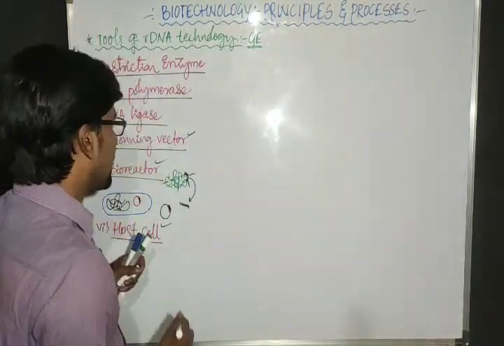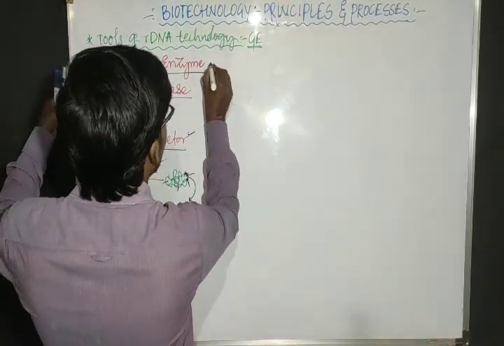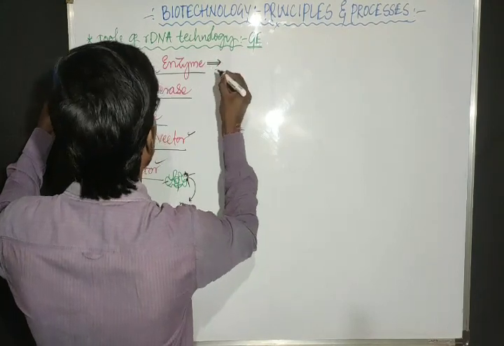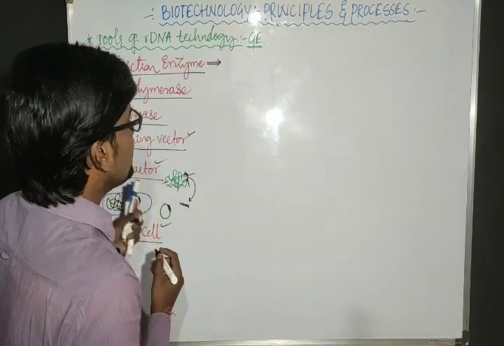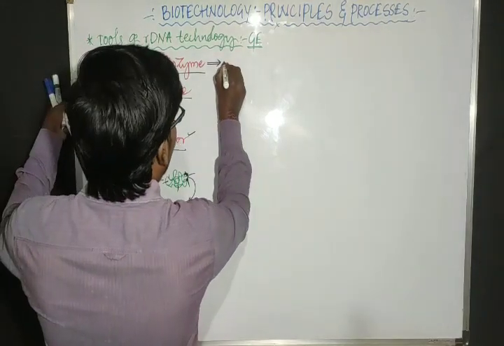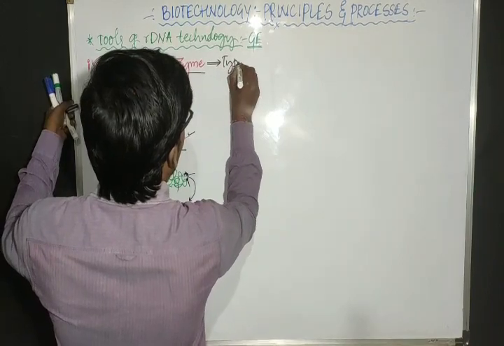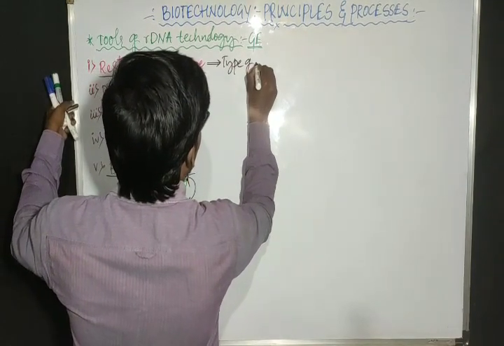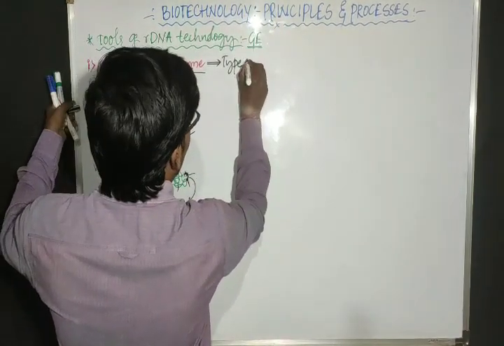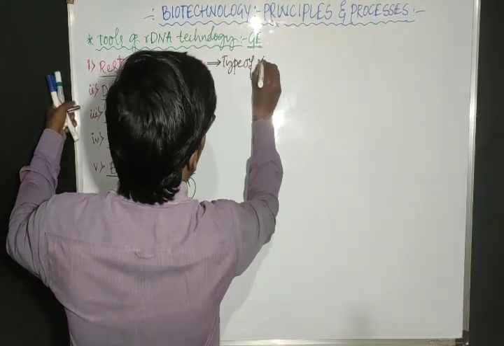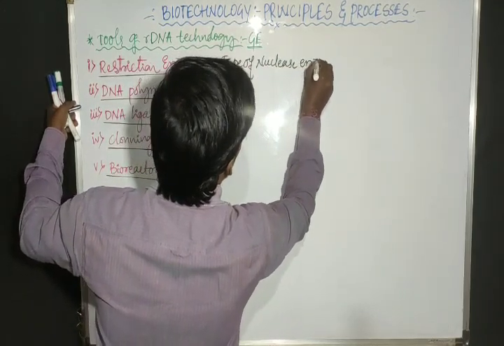6 major tools. And out of the 6 major tools, let me consider the first one. Restriction enzyme. Right? So the restriction enzyme, it is a type of nuclease enzyme.